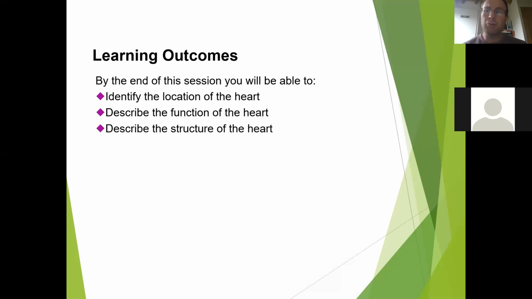We need to broadly describe the structure: the chambers, what goes in, what goes out, so the pipework connected to the heart. We might consider the valves, why a heart would need valves, and which bits improve when we get fitter.